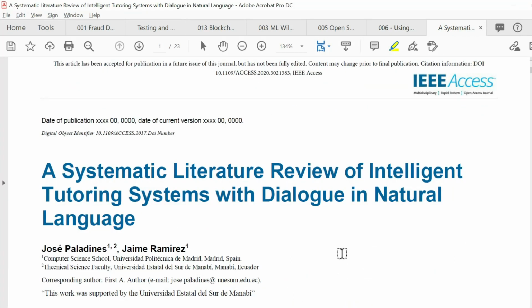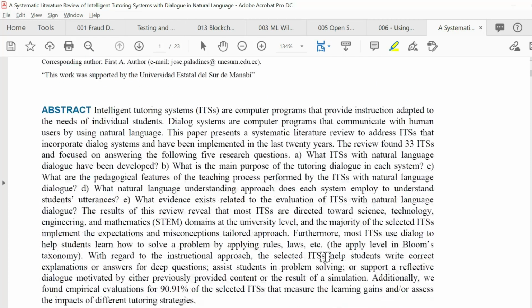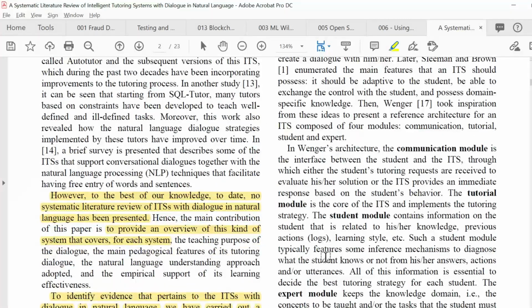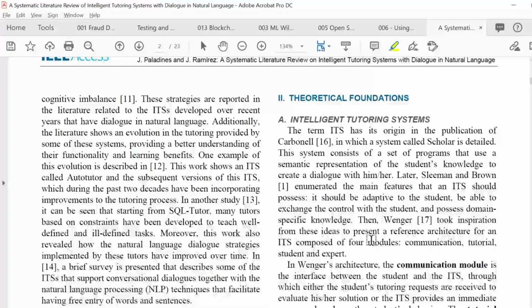Finally, the last paper that I have today is a systematic review of intelligent tutoring systems with dialogue in natural language. So they have provided some information here of some of the different studies that have been undertaken.